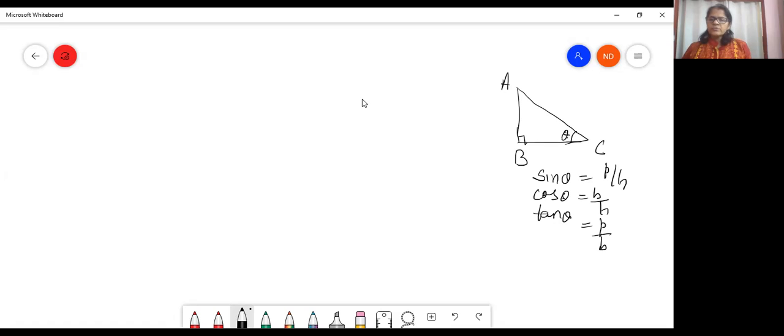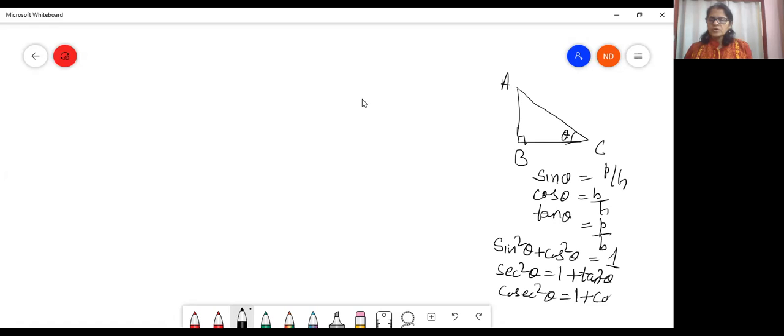You have also studied the basic trigonometric identities: sine square theta plus cos square theta equals 1, secant square theta equals 1 plus tan square theta, cosec square theta equals 1 plus cot square theta. With these basics, we will proceed, and we will be adding something.